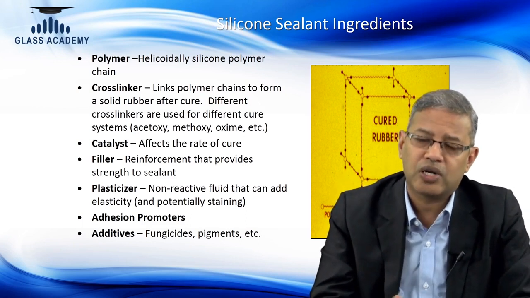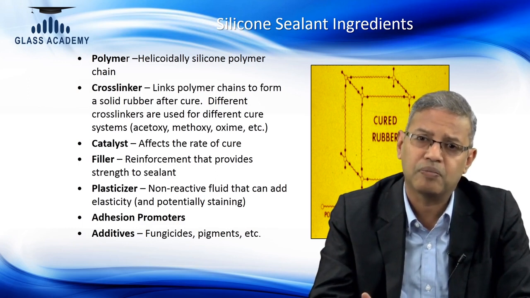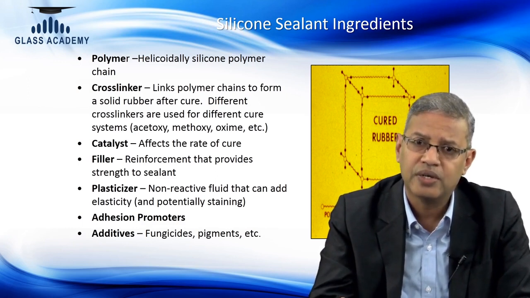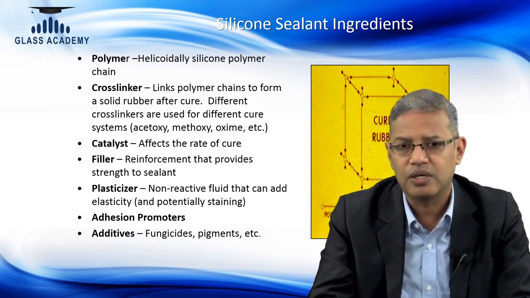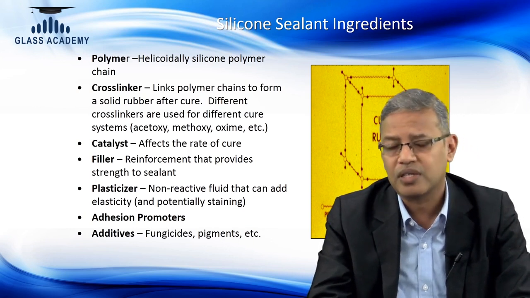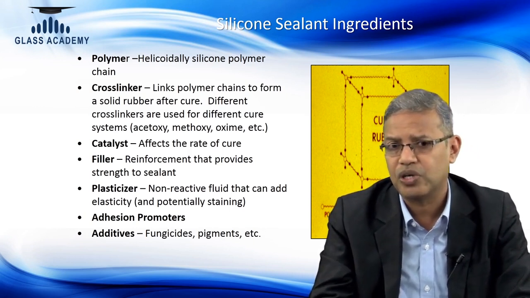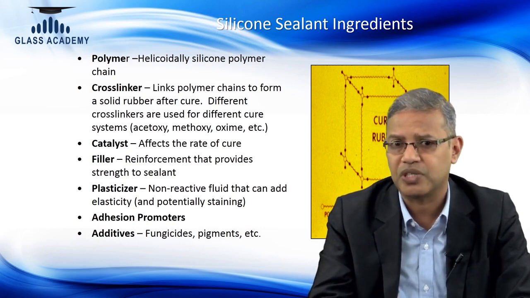And other important additional special additives are also very important. One of the ingredients which is added is adhesion promoter. The sealant has good bonding characteristics to many materials, and this can be further enhanced by adding an adhesion promoter. This ensures that the product bonds to various substrates.